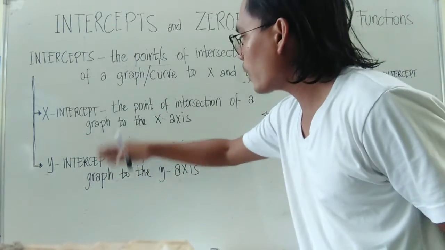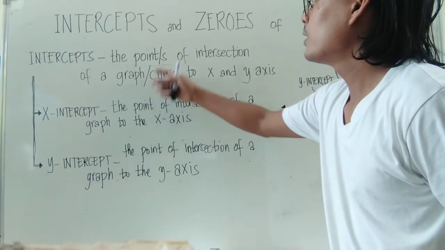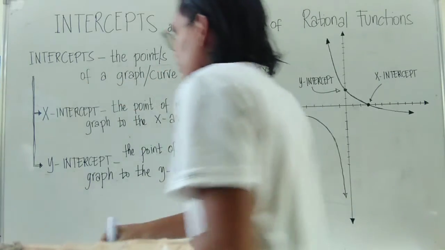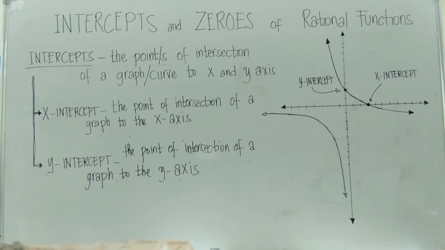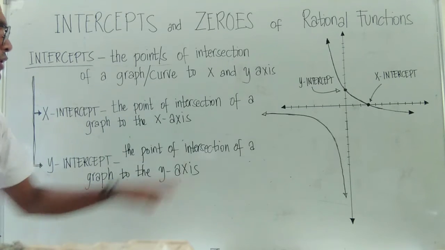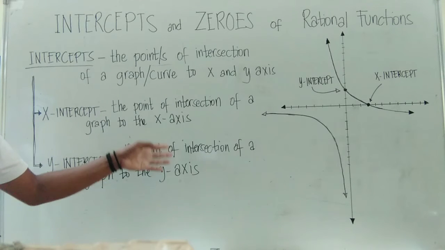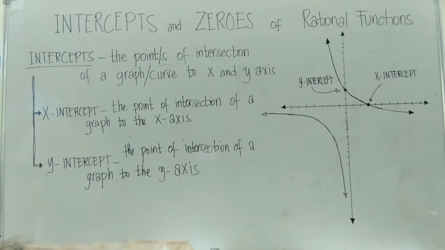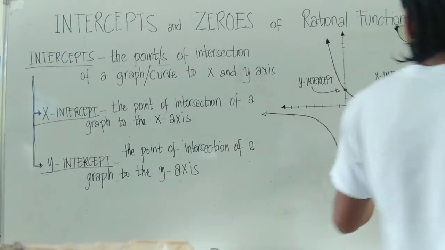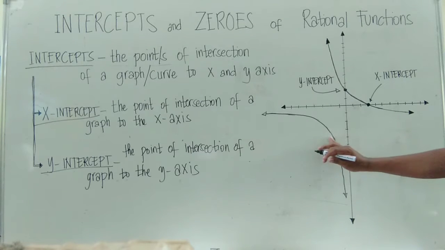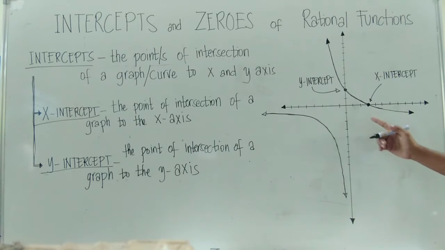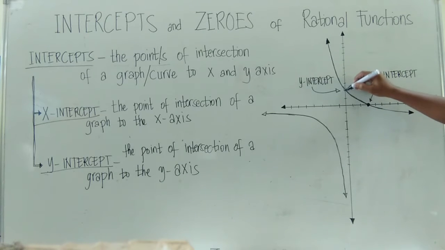The x and y intercepts are the intercepts under the concept of intercepts. The x-intercept is the point of intersection of a graph to the x-axis, while the y-intercept is the point of intersection of a graph or curve on the y-axis. So in this figure, assuming this is the graph of a certain rational function, just focus in here.